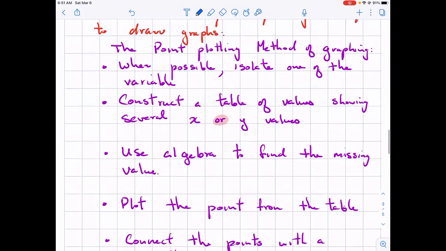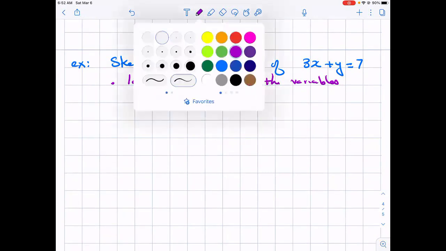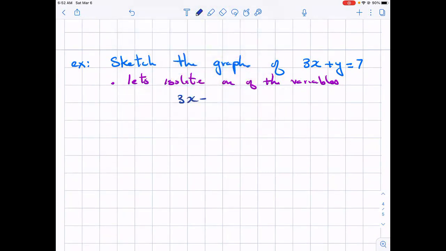So notice my first step, when possible, isolate one of the variables. So for step 1, let's isolate one of the variables. What this means is just to take the equation and leave either x or y by itself. So if we do this, we can have y is equal to minus 3x plus 7.